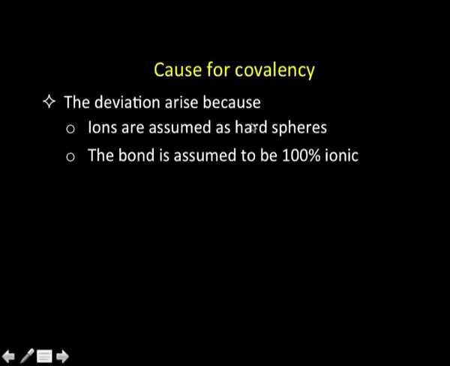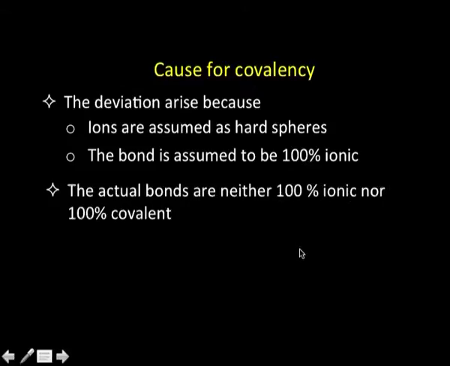The reason is that this deviation can be attributed to two things, because we started with the assumption that ions happen to be hard spheres, number one. Number two, we assume the bond to be 100% ionic. These two assumptions are the foundations of our hard sphere model, and what we find now is that actual bonds are neither 100% ionic nor 100% covalent.